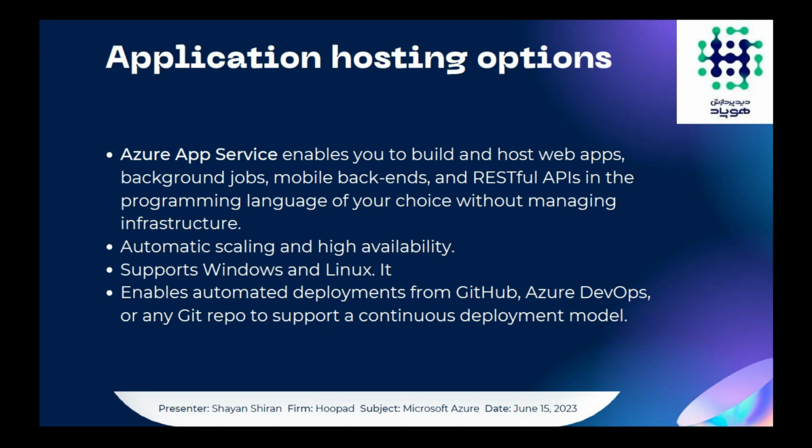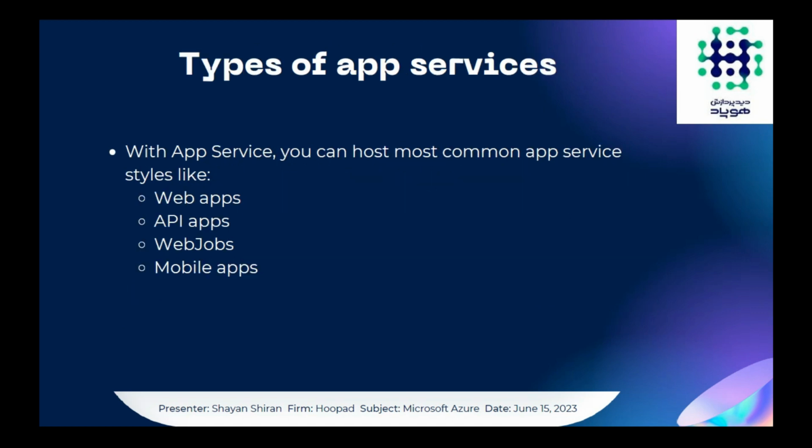It also enables automated deployments from GitHub, Azure DevOps, or any other Git repo that supports continuous deployment models. And with App Service, we can host most common app service styles like web apps, API apps, web jobs, and mobile apps.